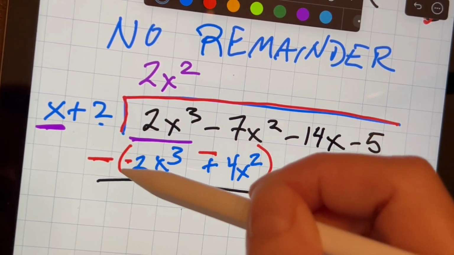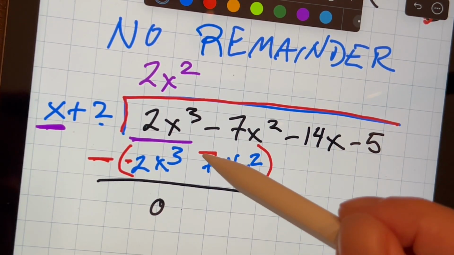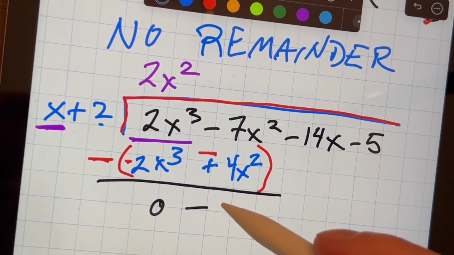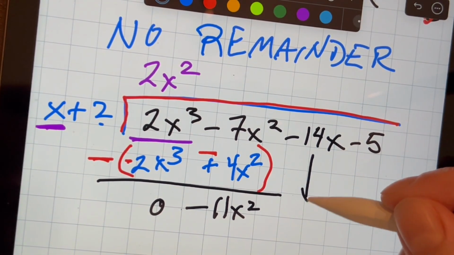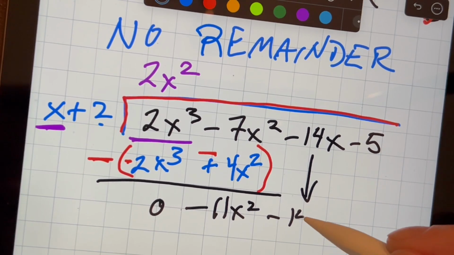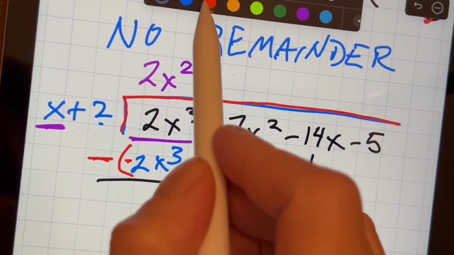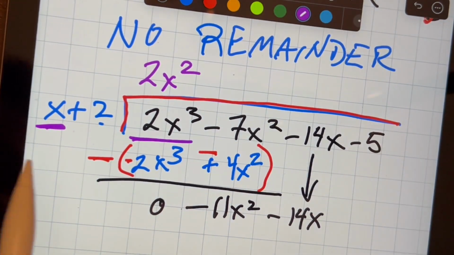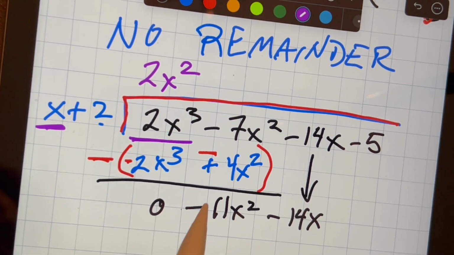So 2x cubed minus 2x cubed is 0. Negative 7x squared minus 4x squared is negative 11x squared. Just like long division, you take the next thing down.